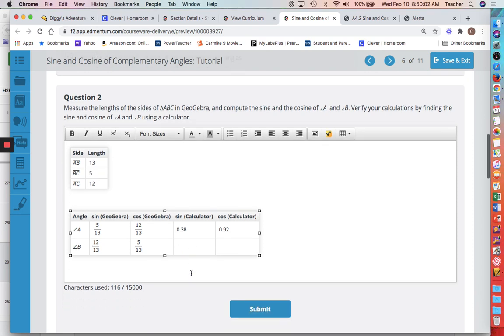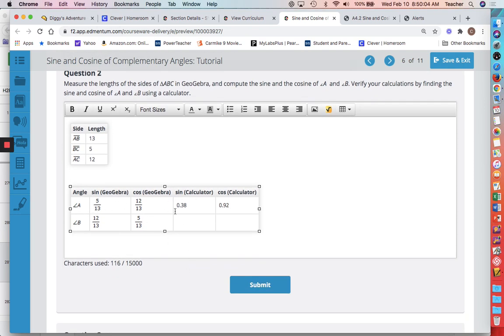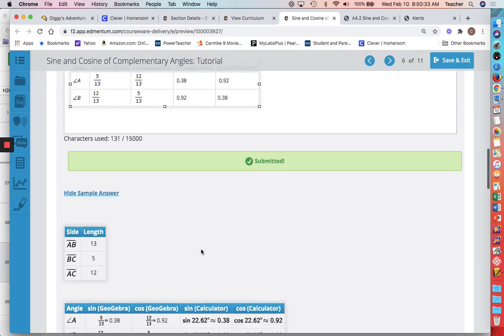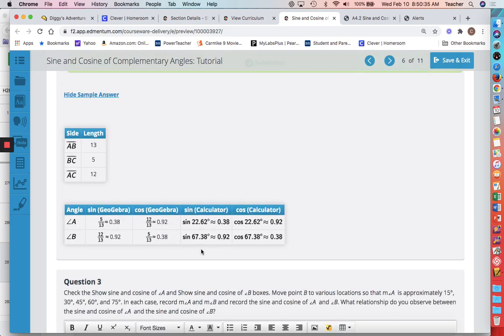All right, so we already know the decimal equivalents. 5 over 13 was 0.38. 12 over 13 was 0.92, so we're going to have 0.92 first and 0.38 second. So they switch on us because our fractions switched. And that will happen every single time. Sine of A and cosine of A will switch with sine of B and cosine of B every time. All right, so we're going to submit. All right, there we go.